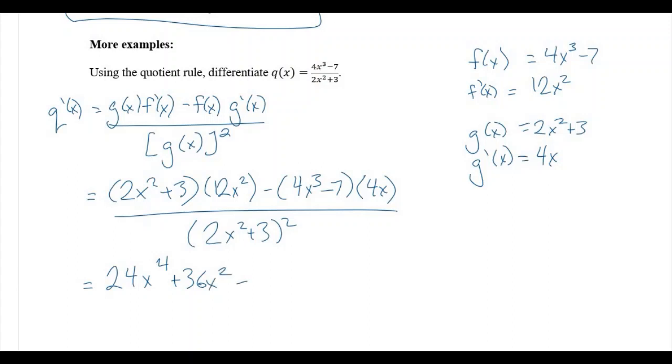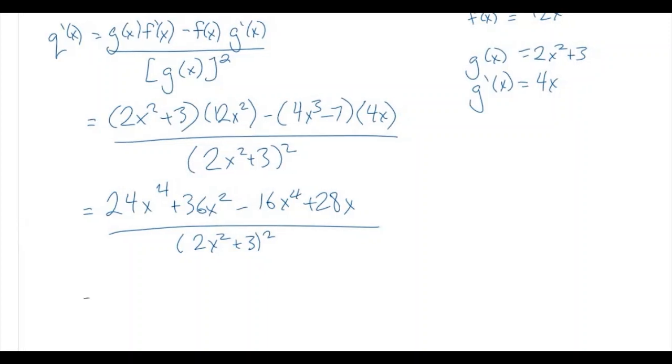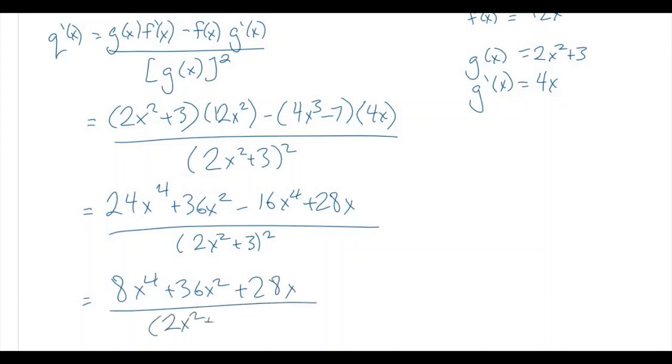Then we get minus 16x to the 4 plus 28x all over 2x squared plus 3 squared. And now we're just going to collect the like terms. So it becomes 8x to the 4 plus 36x squared plus 28x all over 2x squared plus 3 squared.